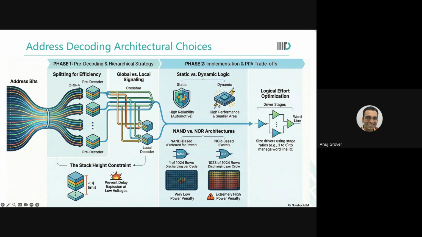You want all the adjacent words to be on different pages for whatever reason, you would want LSBs to be on page selection. Are you with me? What I'm telling you is, whatever you use, update the scrambling tables accordingly.